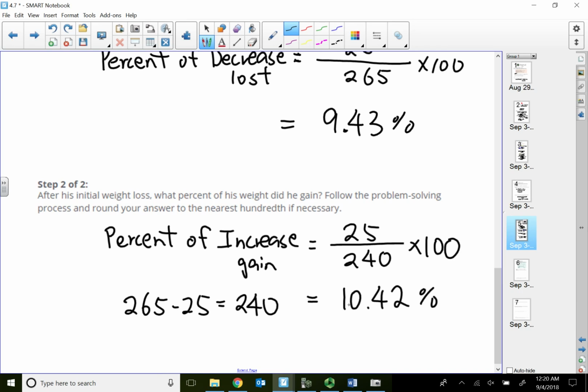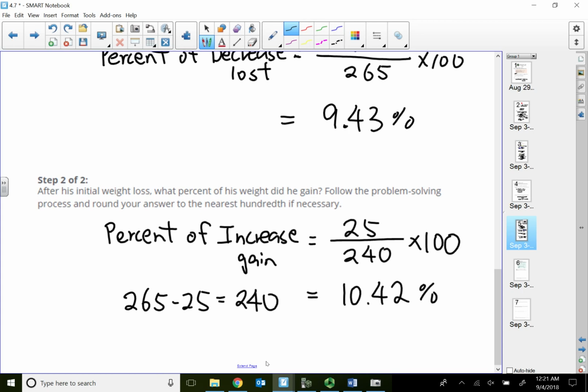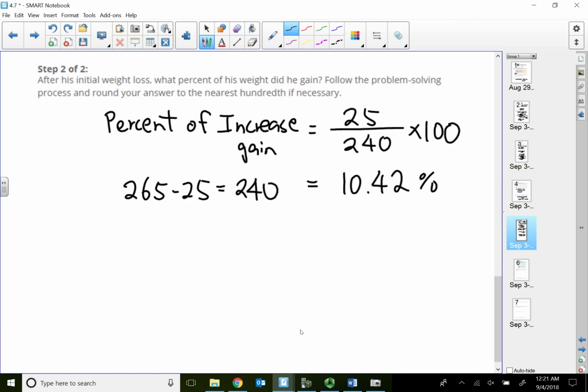The 10.42% is compared off the 240 pounds, where he was from. So basically, this problem is saying it was from 265 to 240 in the first step.